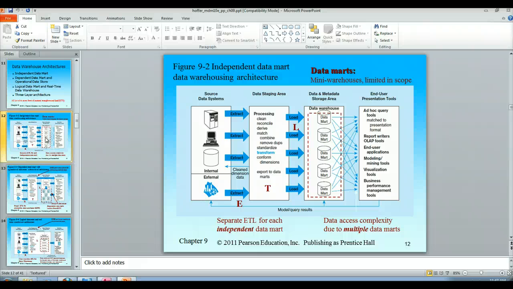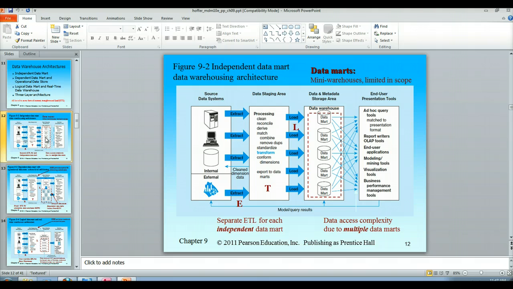We clean the data, we reconcile the data, we derive data. We match data up with existing data, which means we either combine records or we remove duplicates. We go through standardization processes. Again, these are disparate data systems, so this is where we standardize records. This is where the transformation happens.